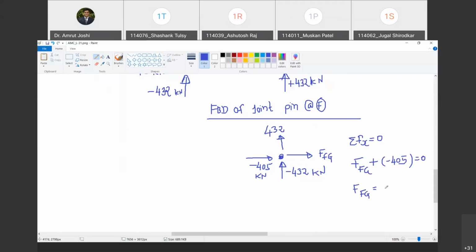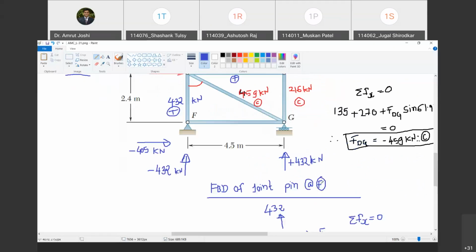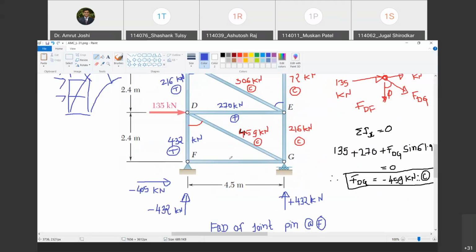FFG is equal to plus 405 kilonewton, and therefore it is tensile in nature. Happy? Yes, sir. So let me write down this final force here. How much is that? 405 kilonewton tensile. So this is the answer to the problem.